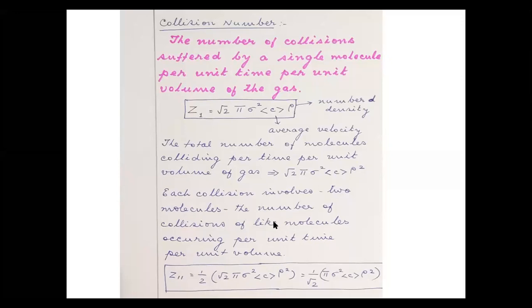So the number of collisions of like molecules occurring will be 1 by 2 into square root of 2 pi sigma square C and rho square. This 2 can be taken as root 2 into root 2. Therefore, one root 2 and another root 2 can be cancelled, and what you are getting is 1 by root 2 into pi sigma square, average velocity and number density square. So this is called a collision number.